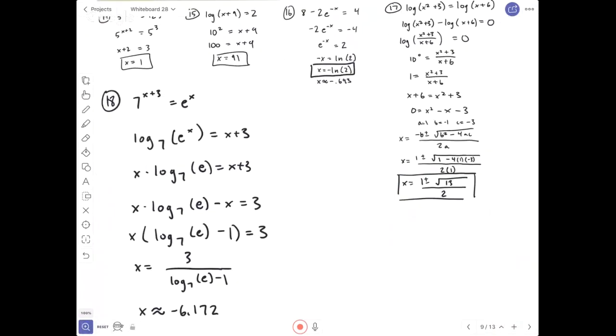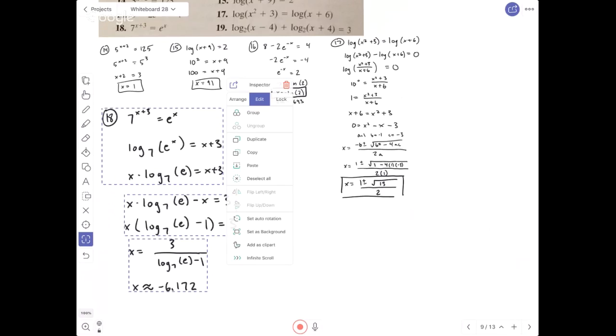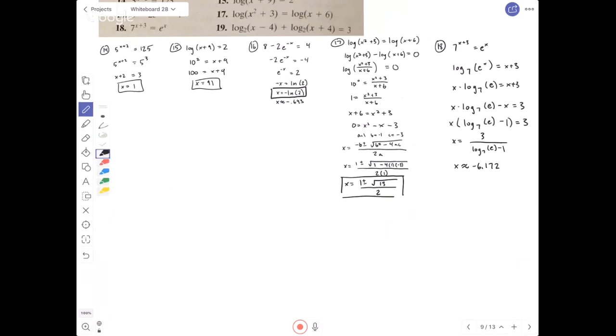Okay, that was 18. 18 and 19. Log base 2 of x minus 4 plus log base 2 of x plus 4 equals 3. And I know that the sum of two logs is the log of the products.